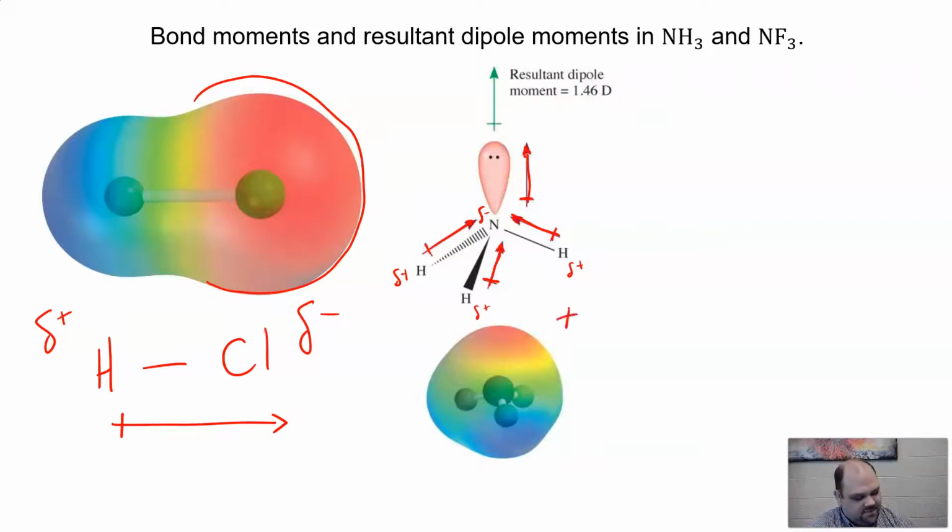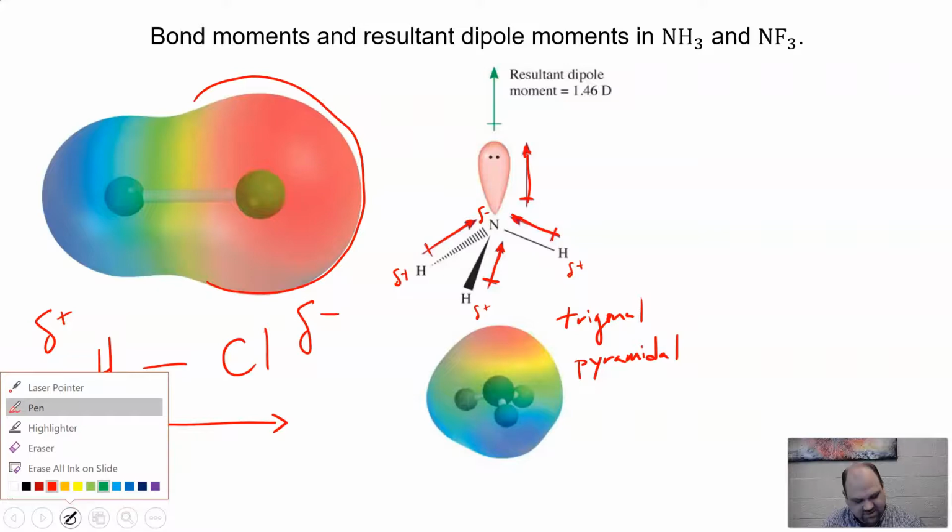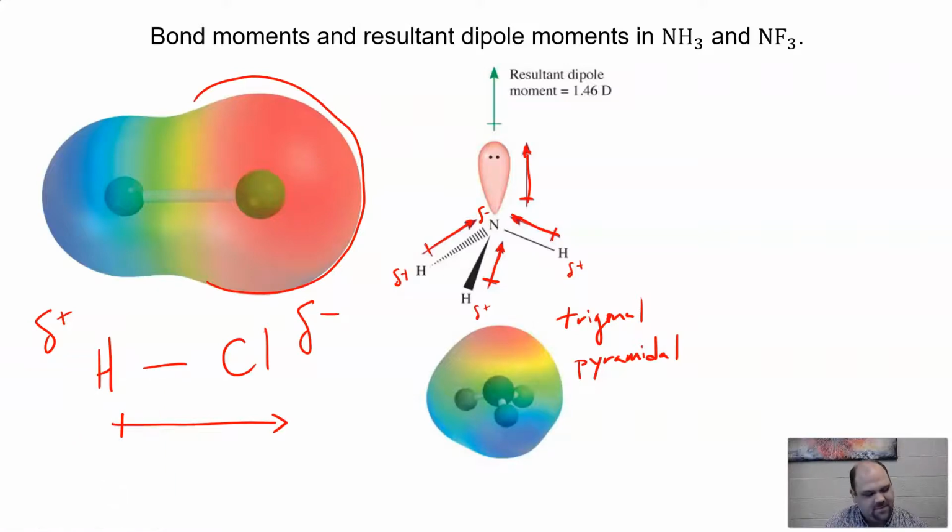If you remember, that's trigonal pyramidal, and what that means is that as those 3 hydrogen-nitrogen bonds are all pointing up toward the nitrogen a little bit, and then because that dipole from the nitrogen to the lone pair is also up, overall all those dipoles are pointing from the bottom to the top. And so our overall dipole, which is shown in green here above, goes from bottom to top.